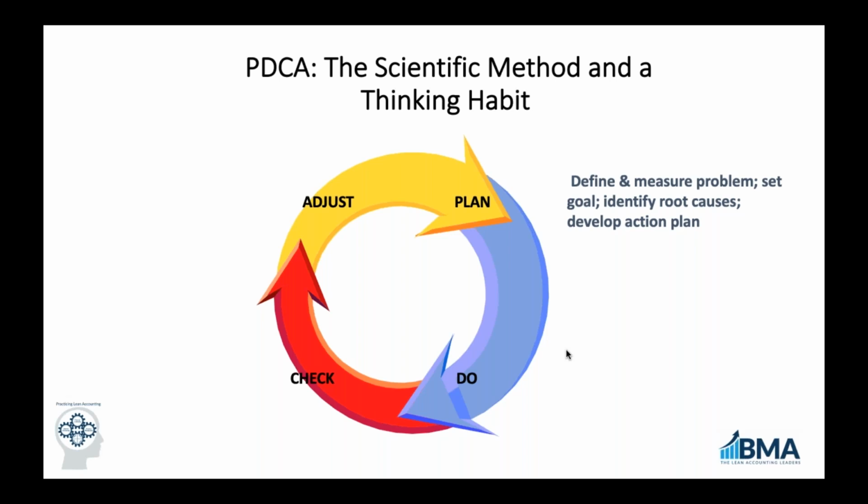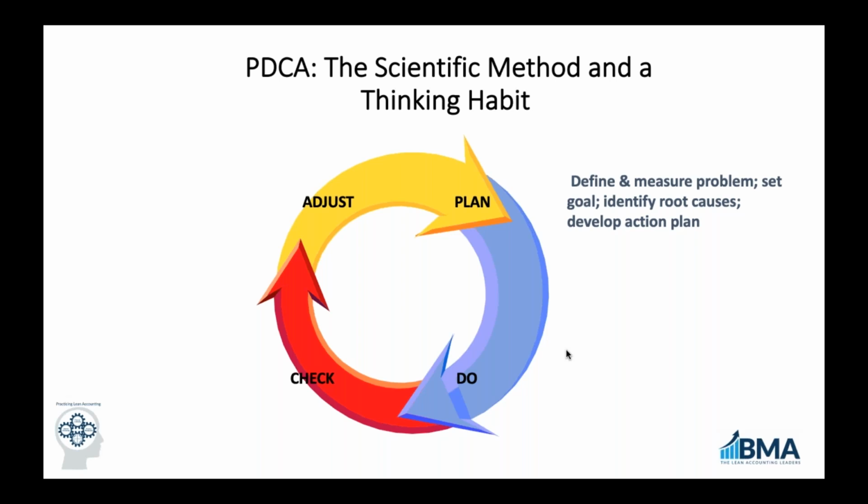One is, what is the problem? What is the issue that we're trying to deal with here? What is the opportunity? We want to define it. We want to measure it. We want to have a goal. We want to understand what's causing the problem, and what is the plan to resolve that problem. The plan step in PDCA is very critical because we want to be very thorough and complete.